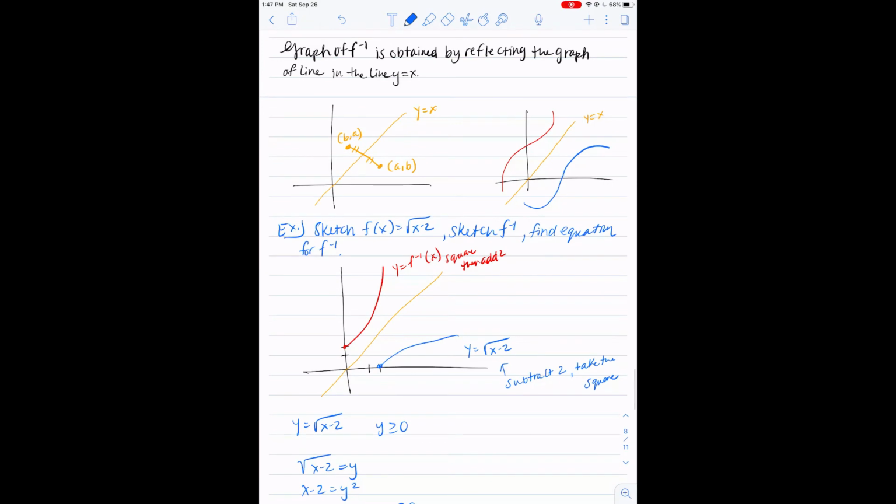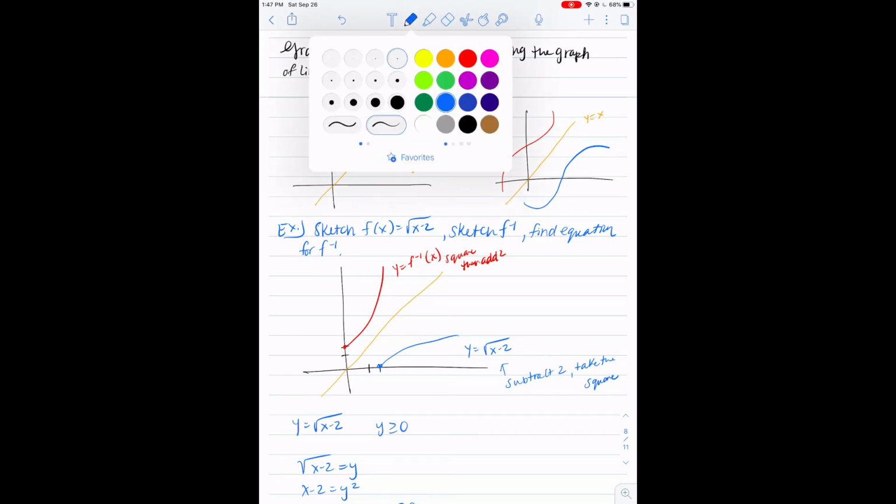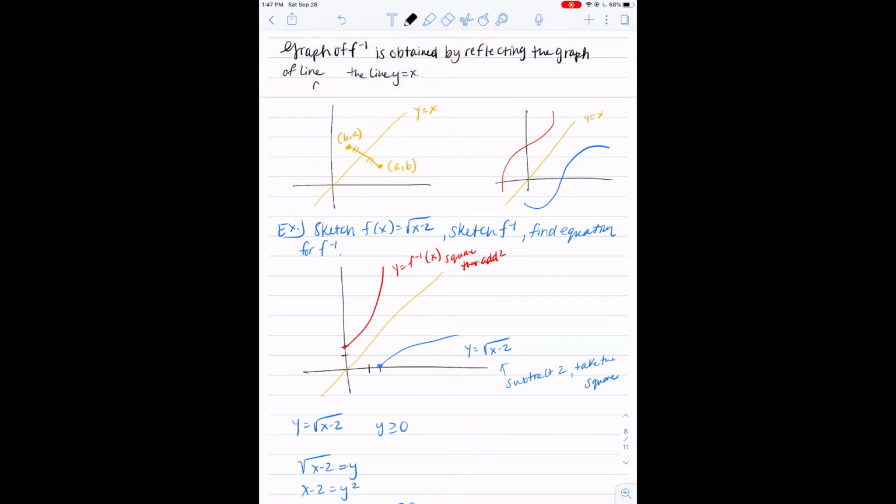Okay, now we're just going to check out how to graph the inverses. So the graph of the inverse of f is obtained by reflecting the graph of f across the line y equals x.